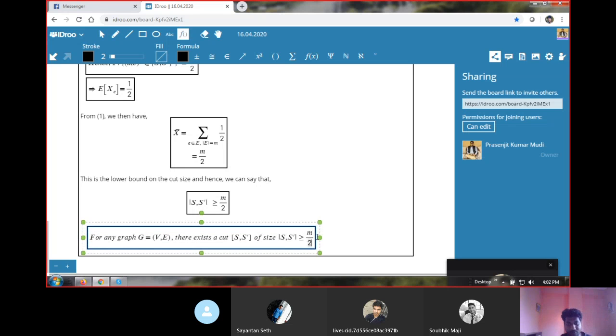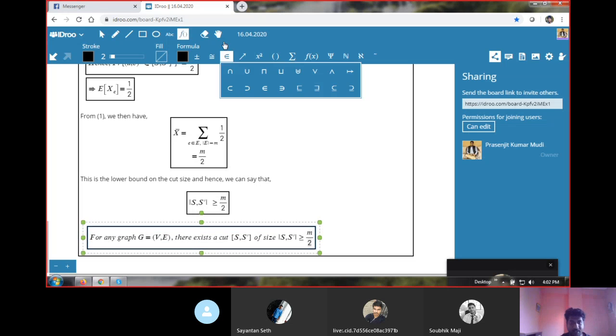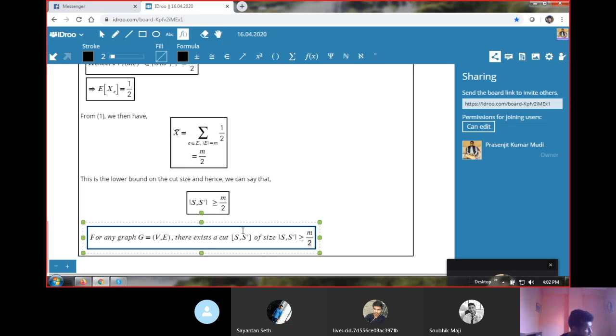Clearly it's an NP-hard problem. We are not able to find a deterministic algorithm for this. Okay, and also it's an optimization problem, and it's not possible to solve this problem in polynomial time. So it's an NP-hard problem.